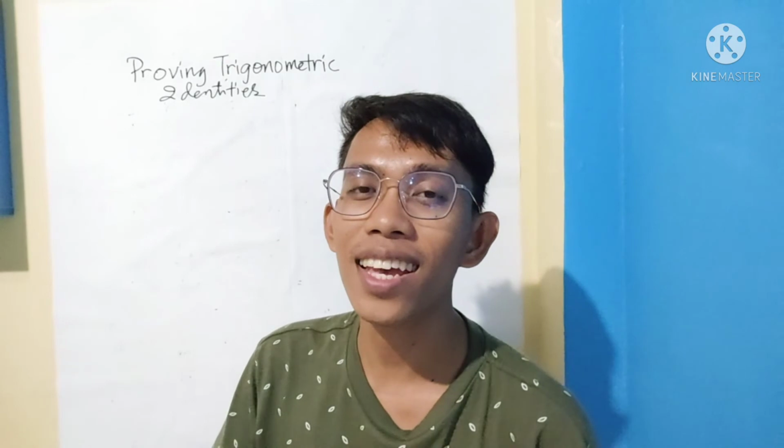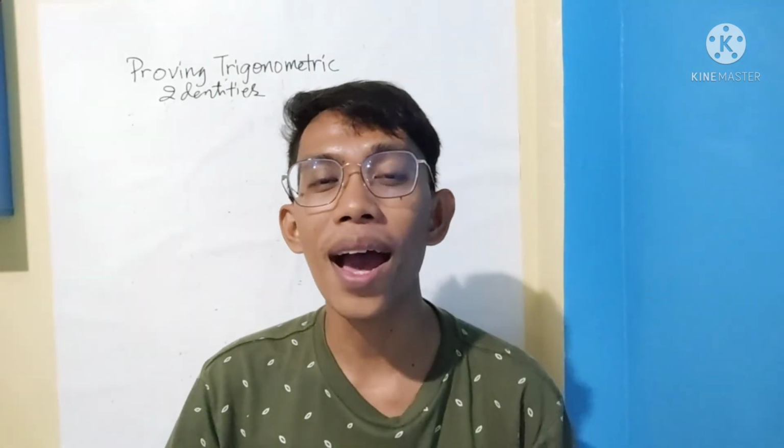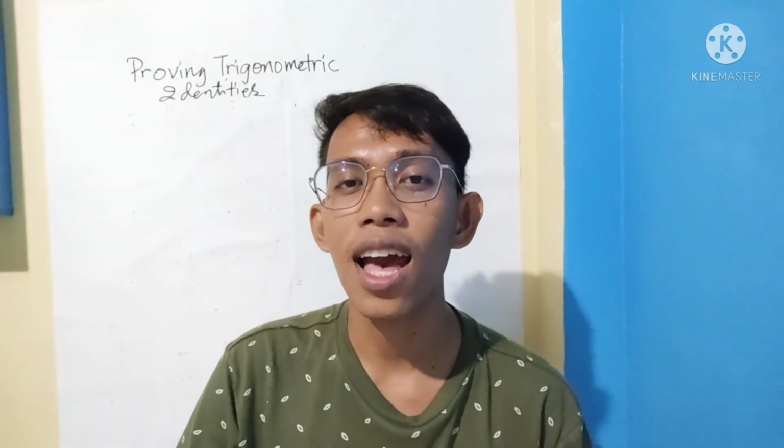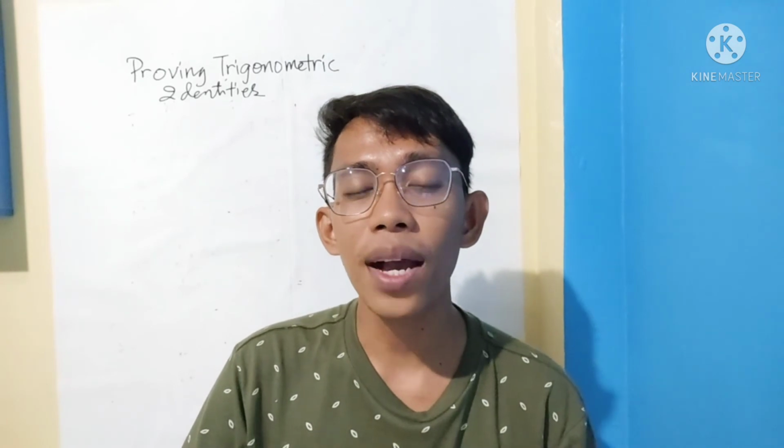So, before we end, let me leave some tips tungkol sa pagpuprove ng trigonometric identities. Mahalagang maunawaan natin na walang definite na steps or number of steps para ma-prove ang isang identity. Ang importante ay makarecognize tayo ng pattern at magamit natin appropriately yung mga alam nating fundamental identities.